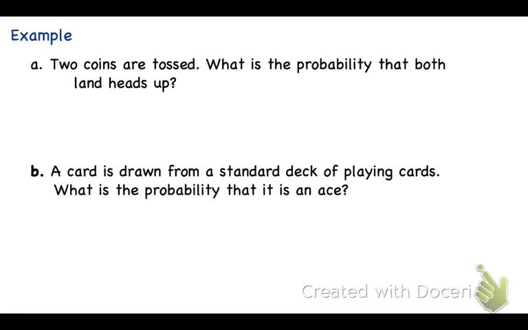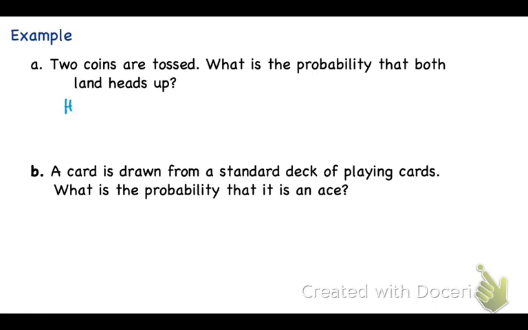Were you guys done with the other one? Yeah. Okay. Two coins are tossed. What is the probability that both land heads up? Okay, so let's talk about the one coin first. We had our two coins earlier in your sheet, right?